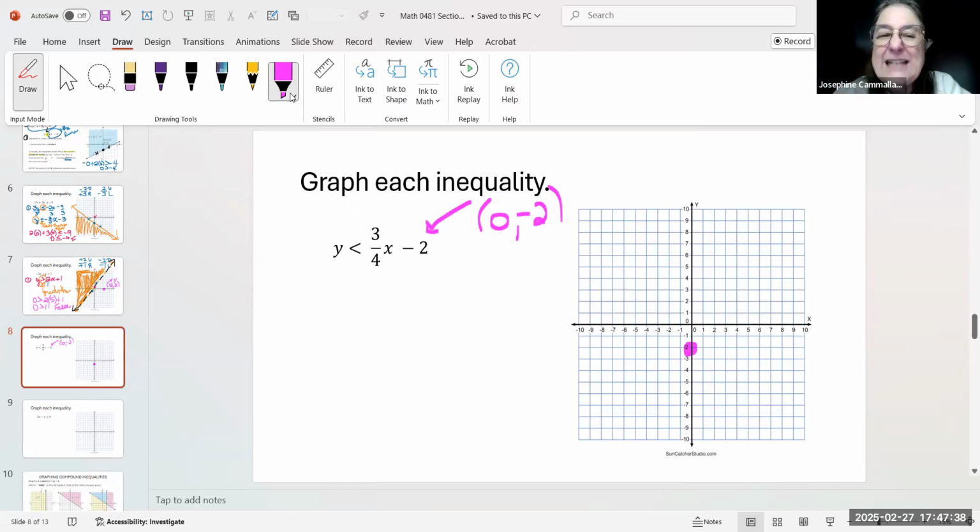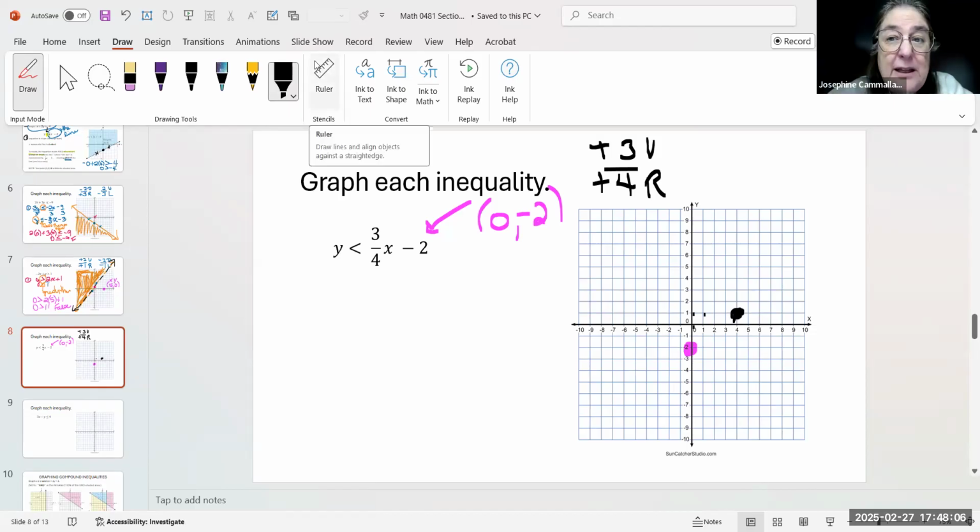Now, from that hot pink point, I have 3/4. Well, right now they're both positive, which means I'm going to go up 3, right 4 from my hot pink dot. 1, 2, 3. 1, 2, 3, 4, right here.